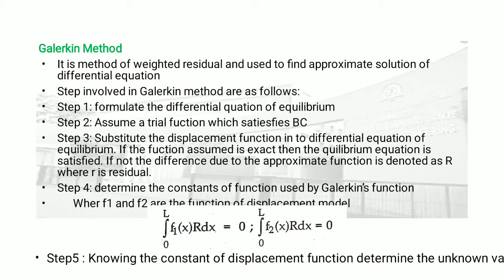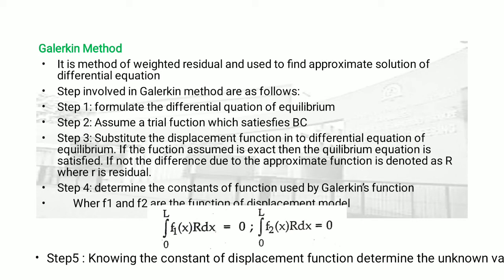Step number 4, determine the constants of the function used in the Galerkin method, where f1 and f2 are functions of the displacement model. See the equation from 0 to L, where we define the boundary conditions. The integral of f1(x) R dx from 0 to L is equal to 0.